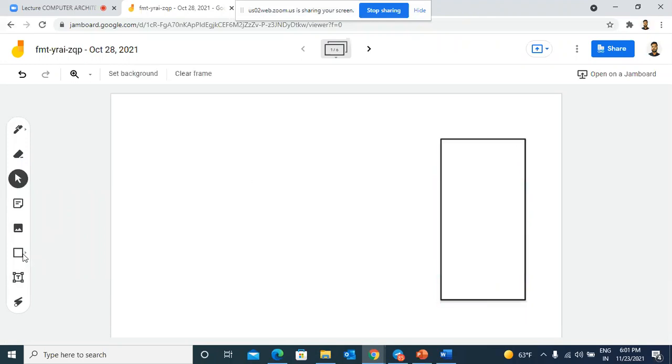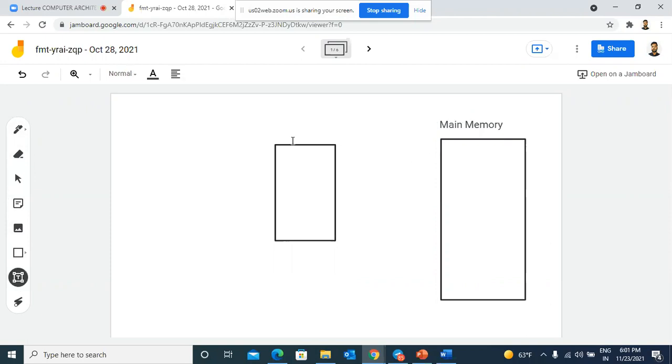Okay, so here two blocks are there. This is for main memory.